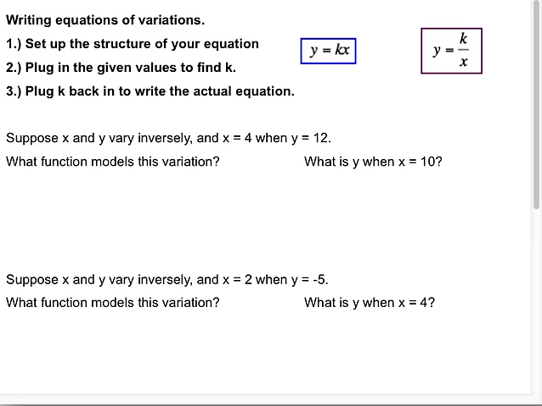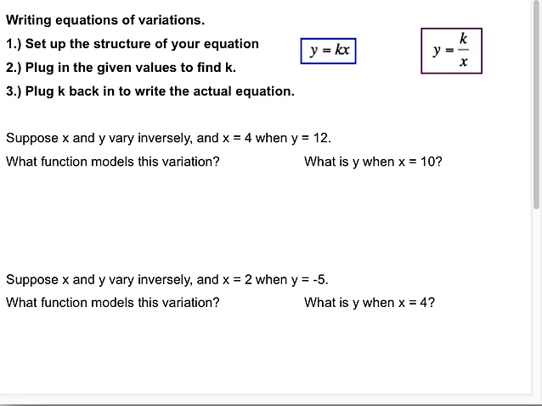All right, let's move on to the last slide. So here, writing inverse equation or writing variation equations. When they tell you that x and y vary inversely or x and y vary directly, really they're giving you which format to use.